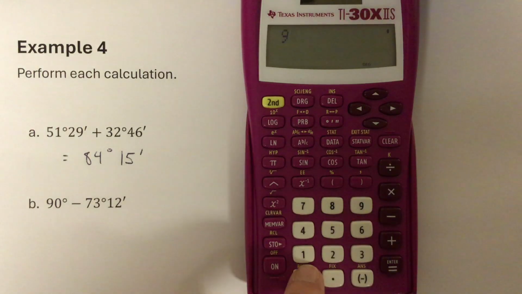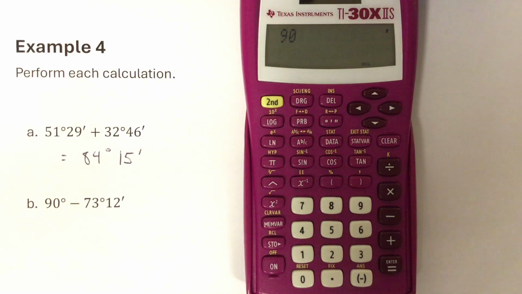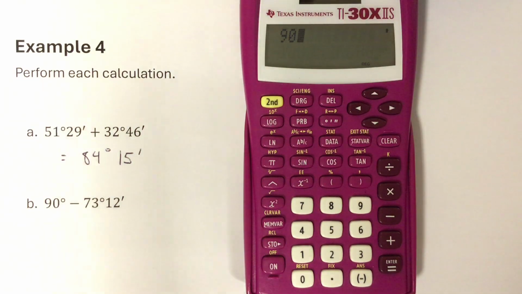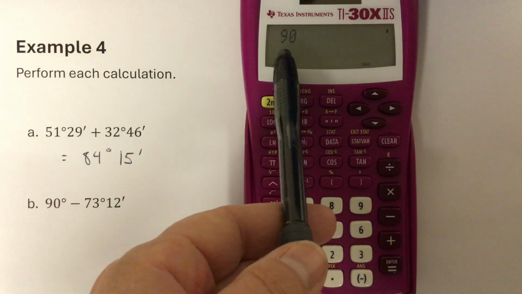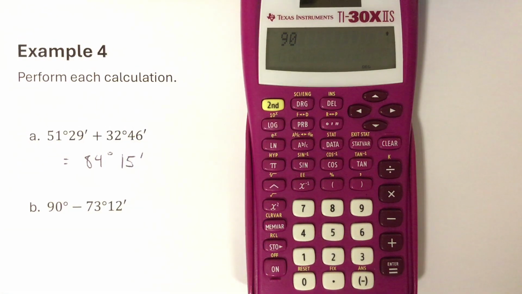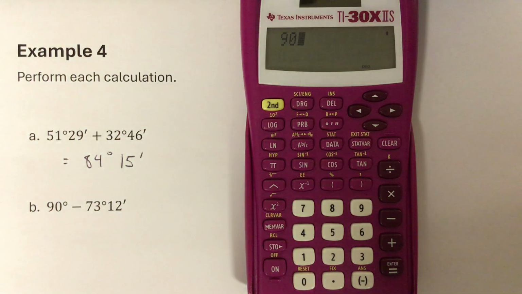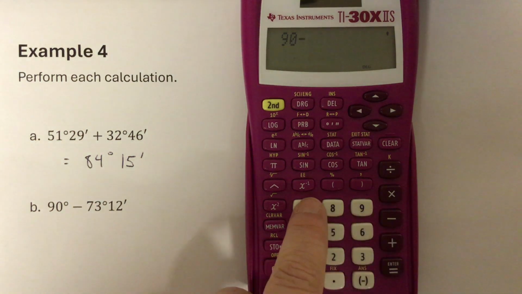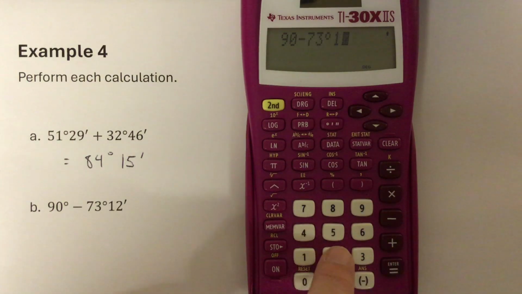We'll enter 90 degrees. And now notice that I don't really have to use the degrees, minutes, seconds button here to tell the calculator that this is degrees. Because we're in degree mode, the calculator knows that that 90 represents 90 degrees. So really, I only have to add the degree symbol if I need to differentiate between degrees and minutes, because the calculator assumes that I'm entering degrees. So now I am going to enter minus 73 degrees and 12 minutes.